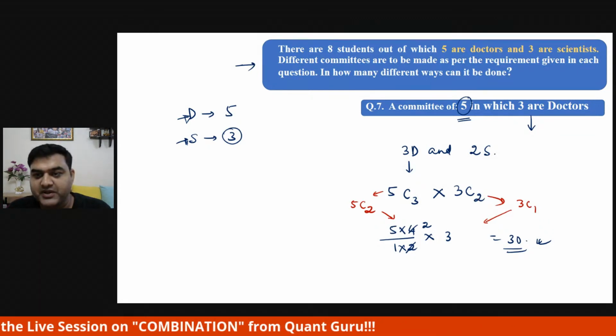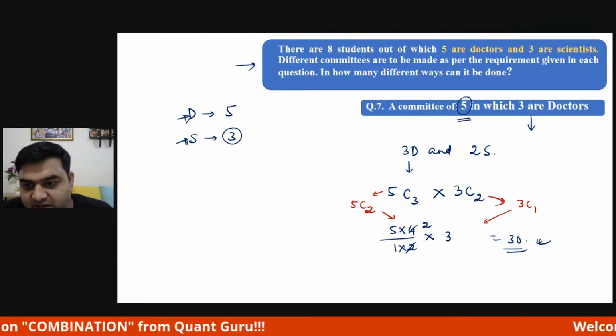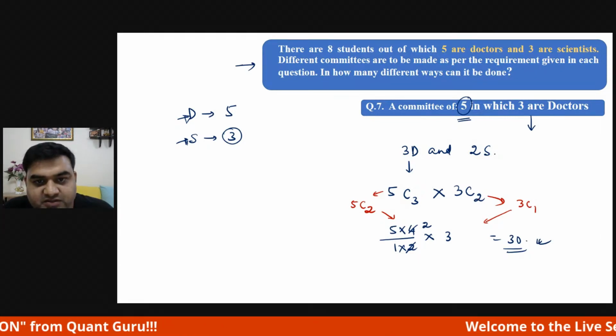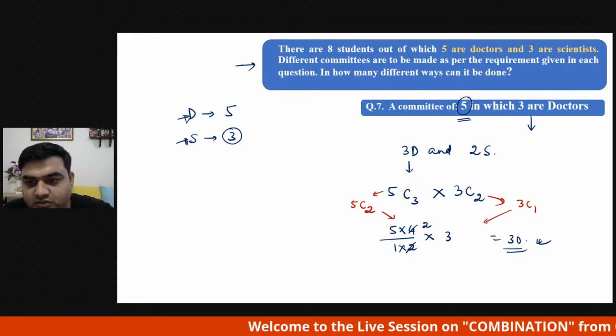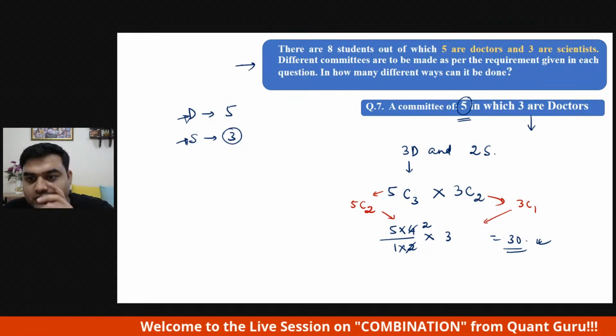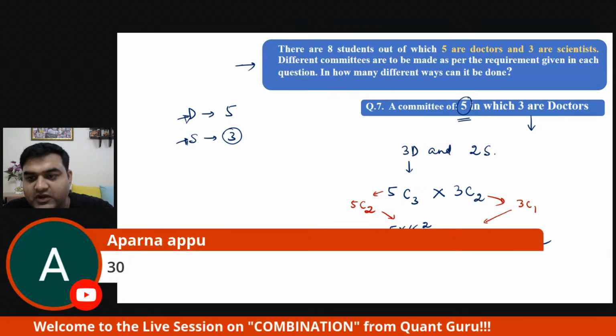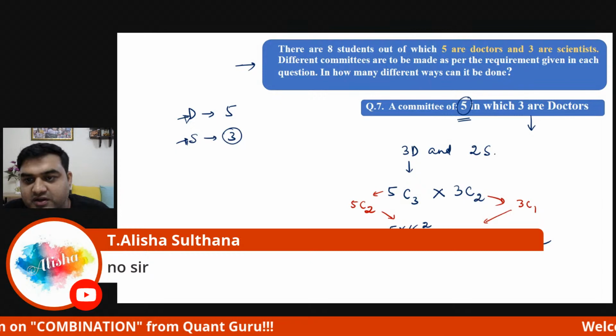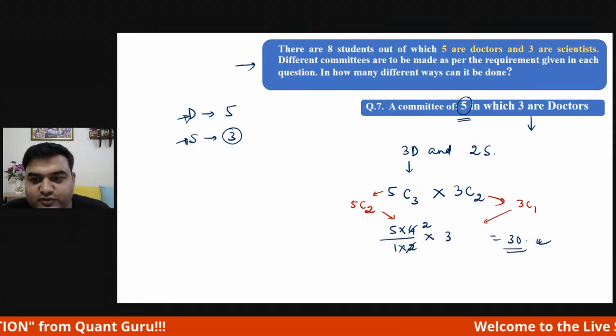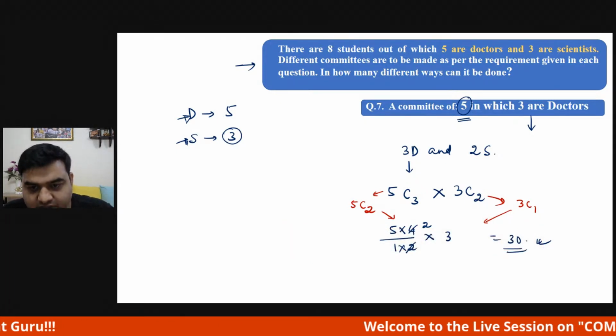I could see people have written 30. Okay, fine, 30. Two scientists only, no? I could see Aditya, Ziva and Alisha said no. Should I repeat it?